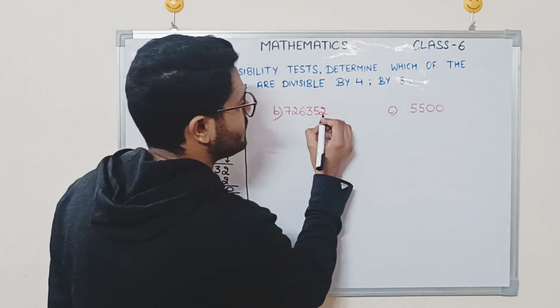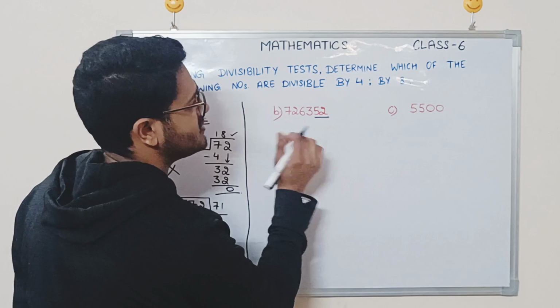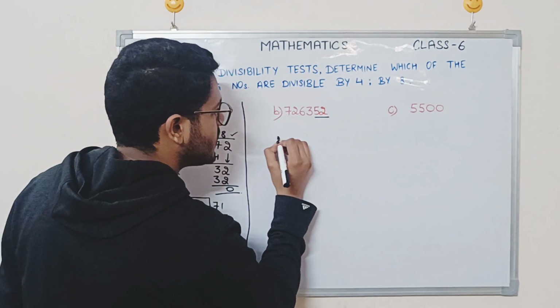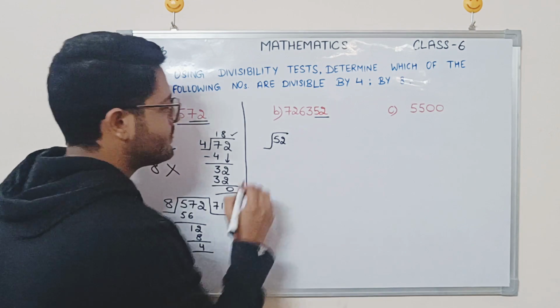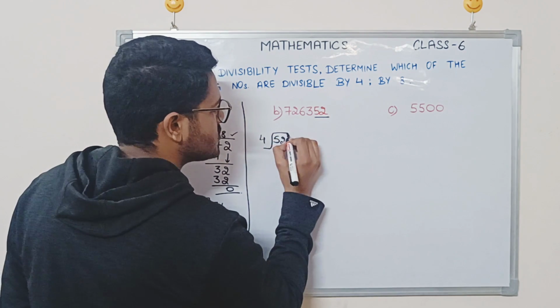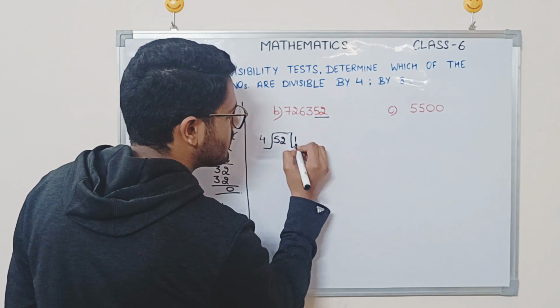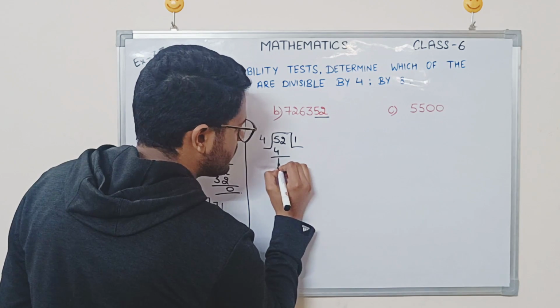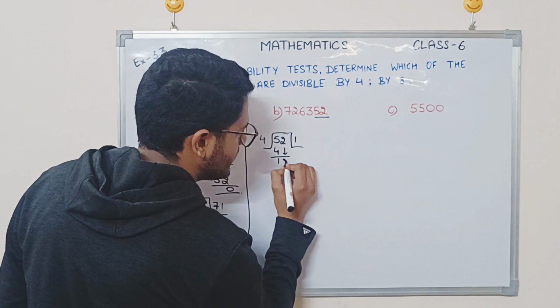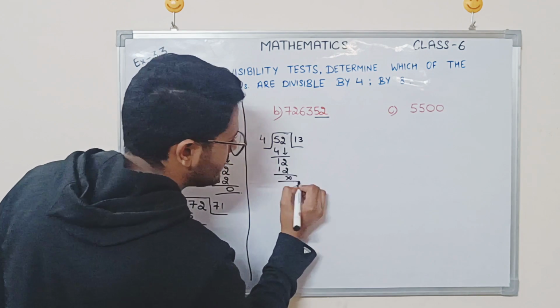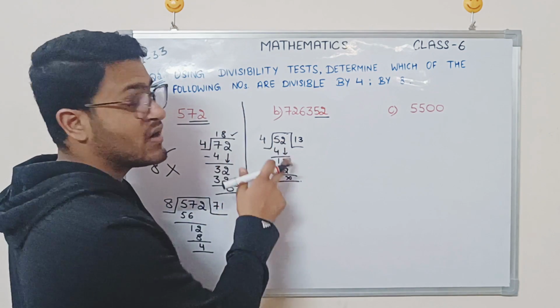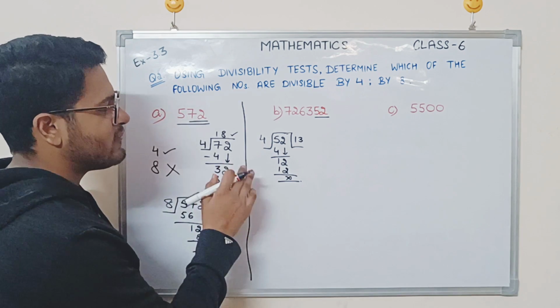So for divisibility of 4, we will take the last two digits, which is 52. So 52, we will divide it by 4, right? So it will be 4 ones are 4, 1, and this will be 12, 4 threes are 12. Remainder is 0. So 52 is completely divisible by 4.